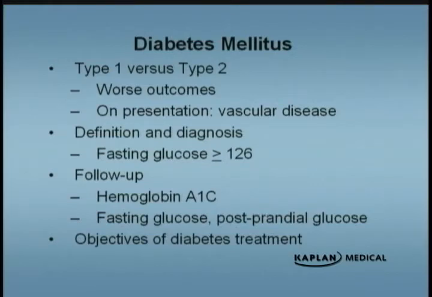And then they ask us a question about a follow-up of diabetes. How do we follow diabetes? And the answer is, the best test to follow diabetes with, to see how you're treating this patient, how this patient is doing, is called the glycosylated hemoglobin, or hemoglobin A1C. So that is the part of hemoglobin that has glucose residues on.